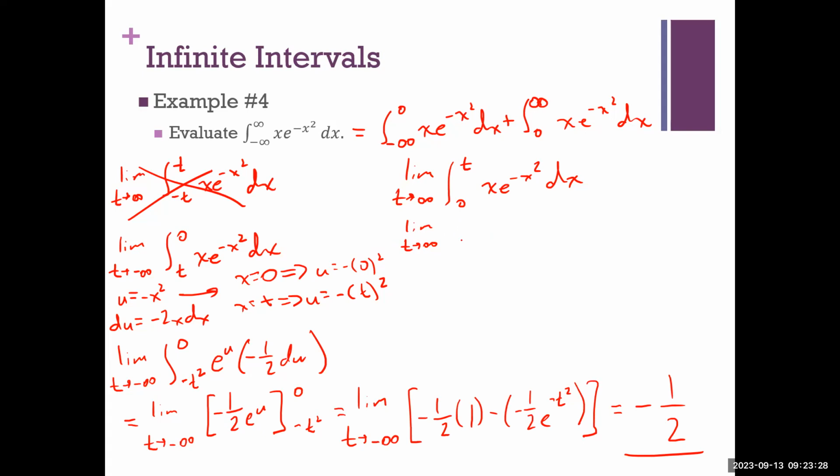So the limit as t goes to infinity of negative 1/2 e to the u du. I'm going to reuse all your same substitution stuff from last time. But now what are the bounds going to be? Now that I'm in u, it should be negative t squared, right?